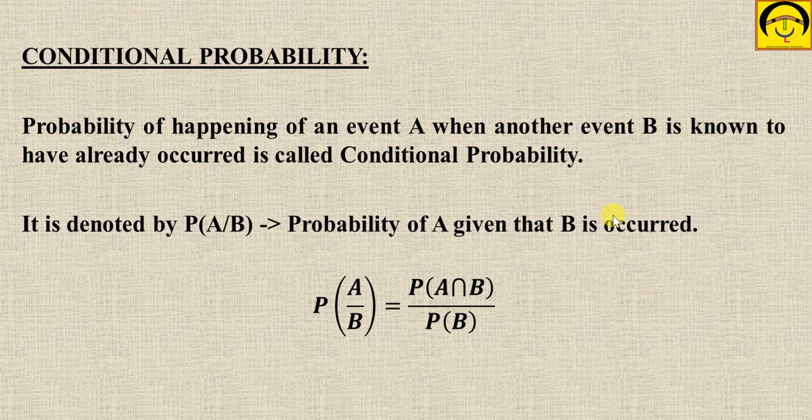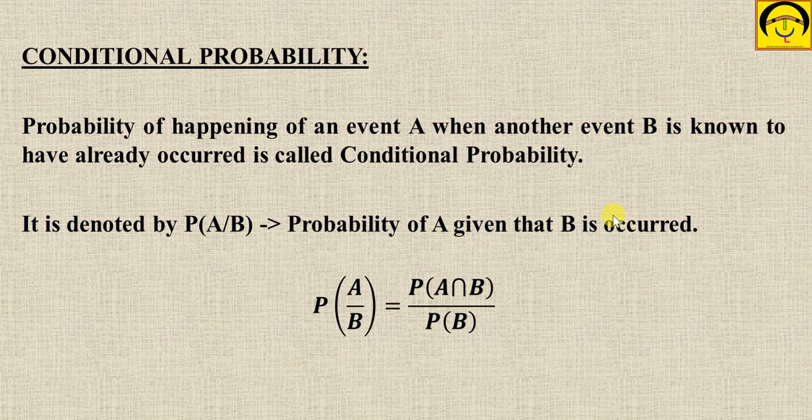So we call the probability of the happening of an event A when the event B has already occurred conditional probability, and it is denoted by P(A|B).